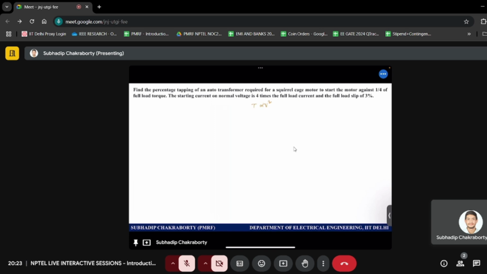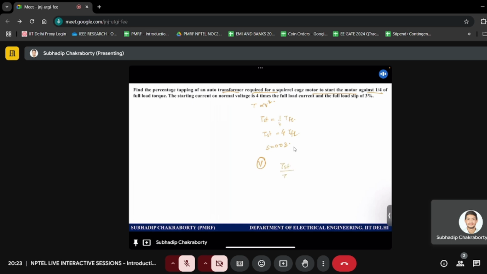We have explained it many times. So they are telling us that starting torque is 1/4 of the full load torque, and starting current is 4 times the full load current, and the slip is 0.03. They are asking us to calculate the voltage required.